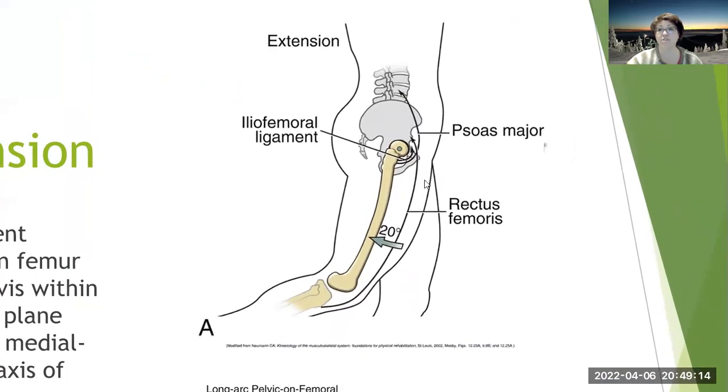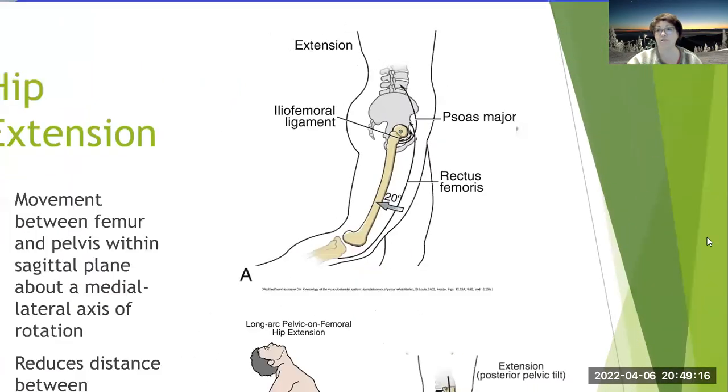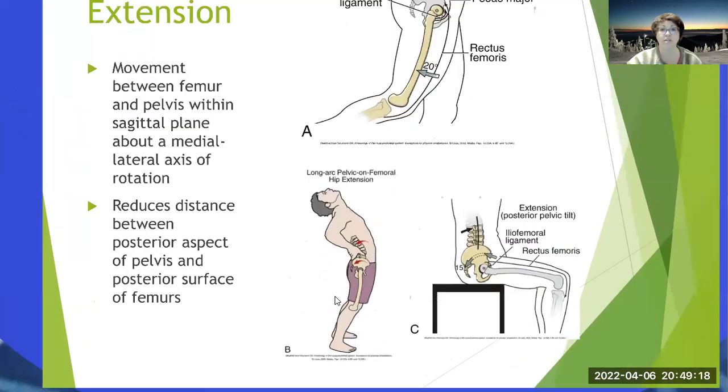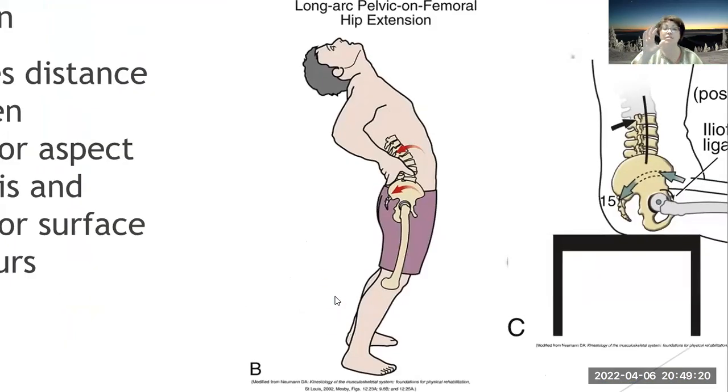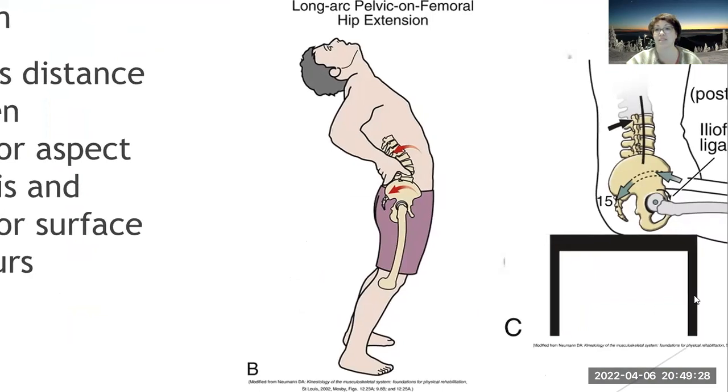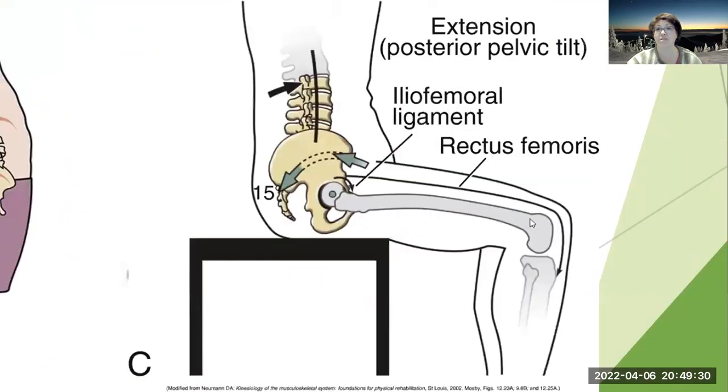And so open chain is always going to be femur on pelvis, closed chain is always going to be pelvis on femur. This is long arc, closed chain, pelvis on femur, hip extension. And then the last one, this is short arc, closed chain, pelvis on femur, which is also known as a posterior pelvic tilt.